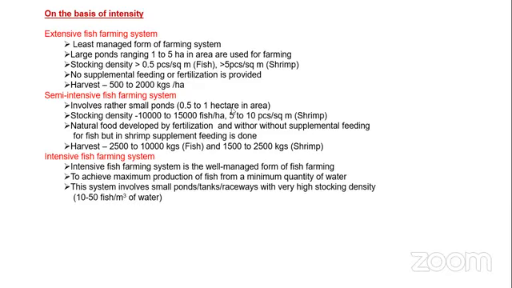Now, on the basis of intensity of farming, like how much stocking we are doing, or what all inputs we are incurring in a system, it is one of three basic types: extensive fish farming, semi-intensive fish farming, and intensive fish farming. Nowadays, a super intensive system is also there.